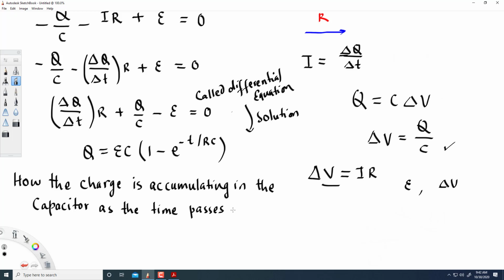So at different times, how the charge is increasing or accumulating in the capacitor.